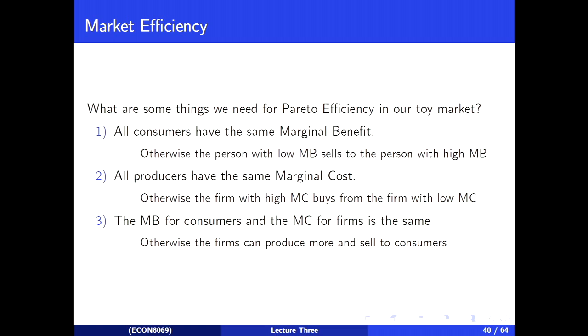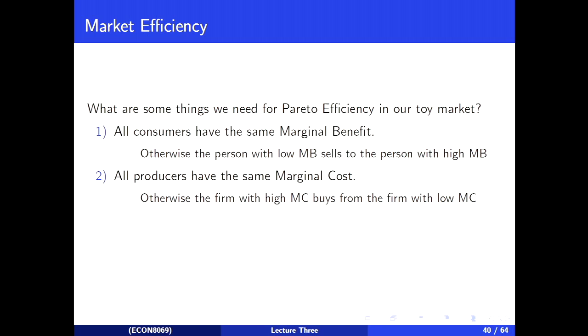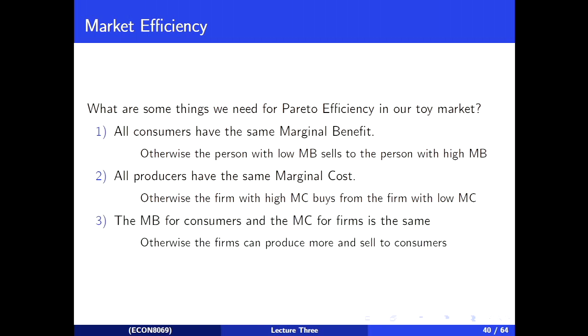So the first condition is related to demand, the second one to supply, and the third one is linking these things, which is that the marginal benefit for consumers and the marginal cost for producers have to be the same. Because otherwise, if the marginal benefit for consumers was higher than the marginal cost for firms, then we can make everyone better off by having firms produce a bit more and sell it, right?